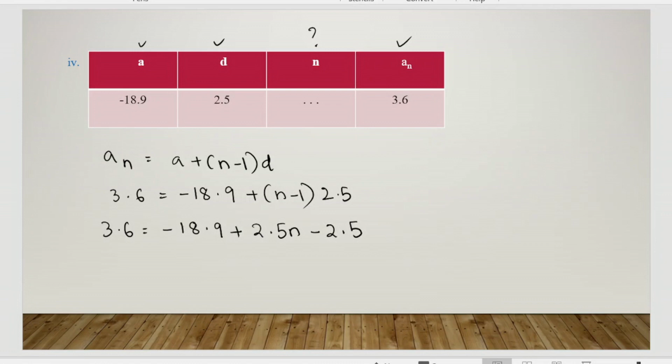Now let us take this minus 18.9 to the LHS and this minus 2.5 also to the LHS.